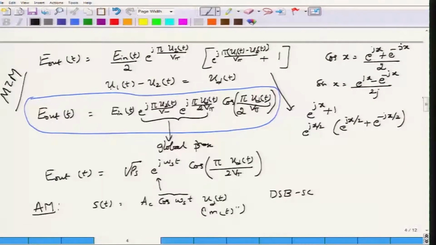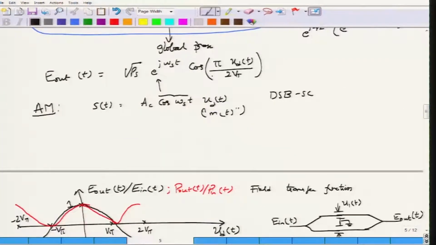So, here we have defined UD as the difference between the two inputs, U1 minus U2 of t, the differential voltage, and we have seen that the electric field at the output is related to the input electric field multiplied by a factor which is cosine of pi UD of t by 2 V pi.